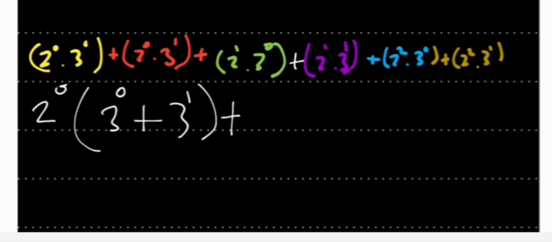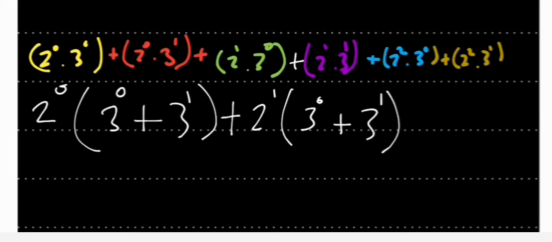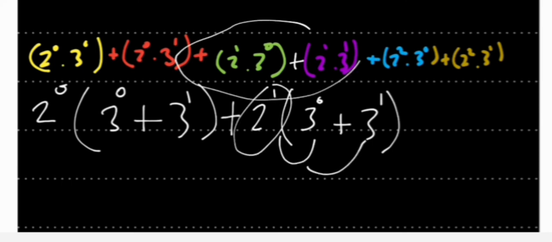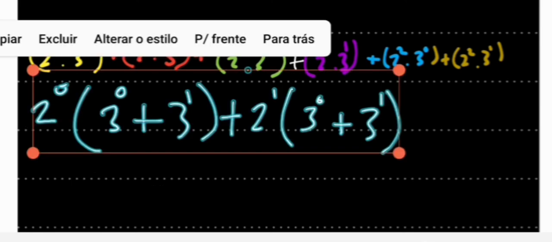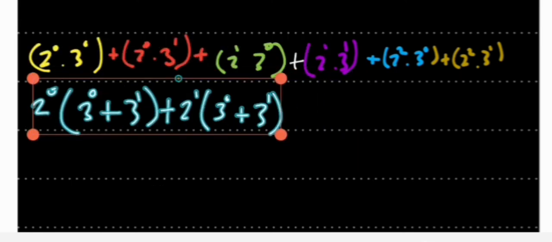So plus, now 2 to the 1, I'm going to do the same thing: 2 to the 1 multiplied by 3 to the 0 plus 3 to the 1, okay? Notice, if you multiply this out, you get this back. So plus, now let's do the same thing that we did before, just to make it smaller, okay?